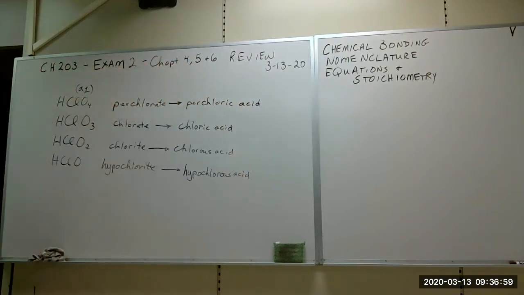Okay. And just like before, you can do the same thing, just substitute bromine or iodine in there, and you've got a whole other set of acids done. There are other families, but they're not as big as this one. Sulfur has a sulfate, sulfite, that's it.